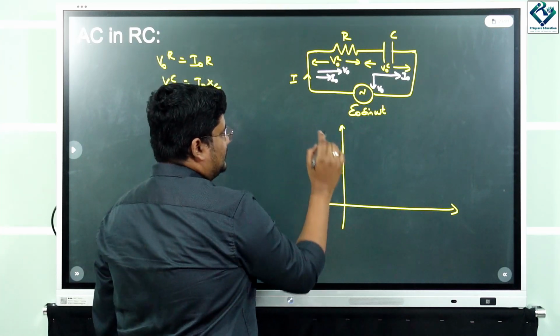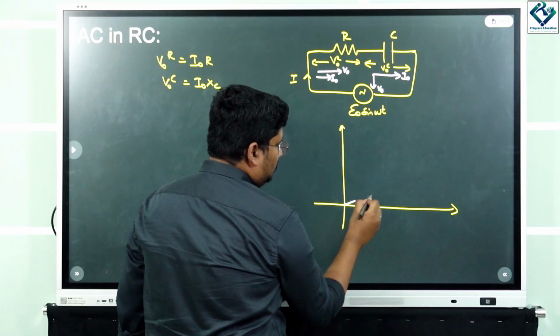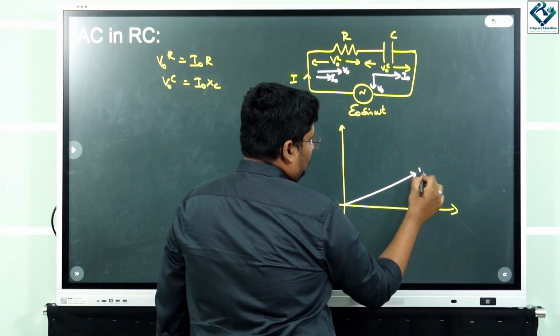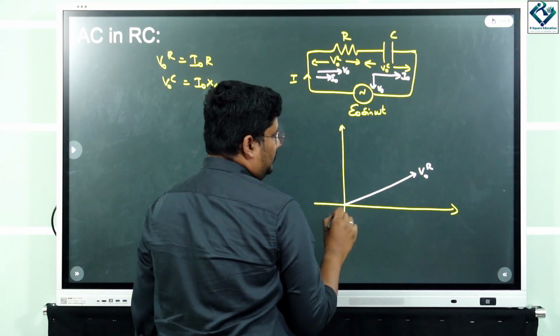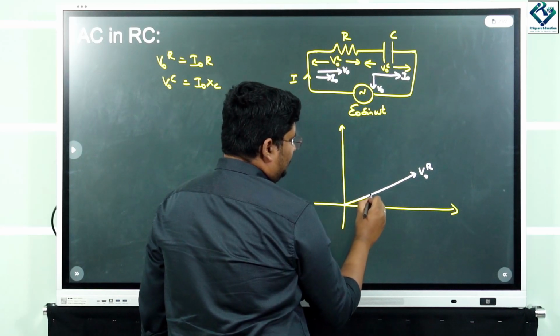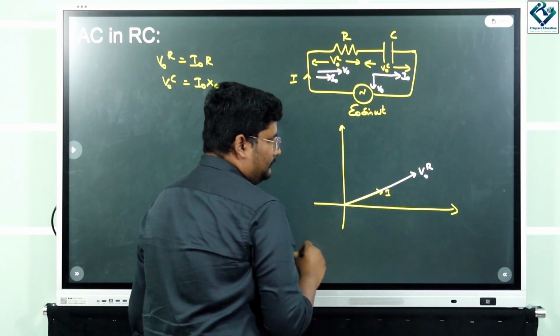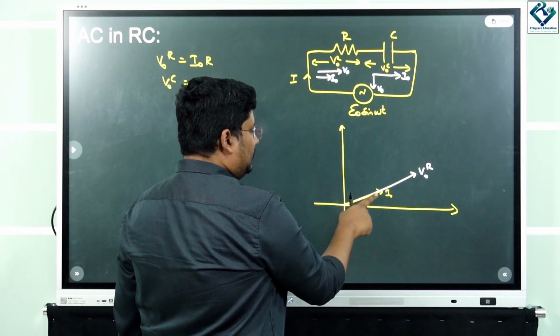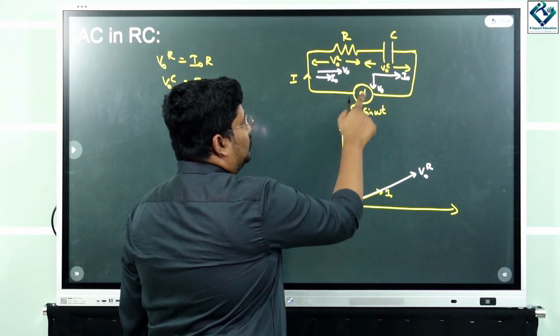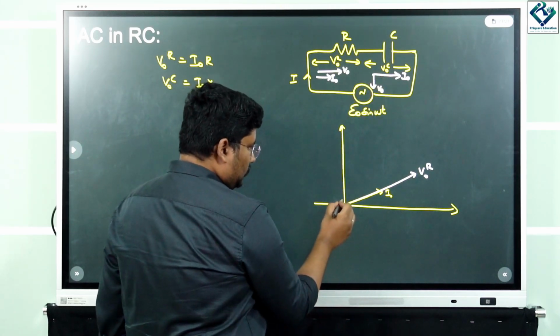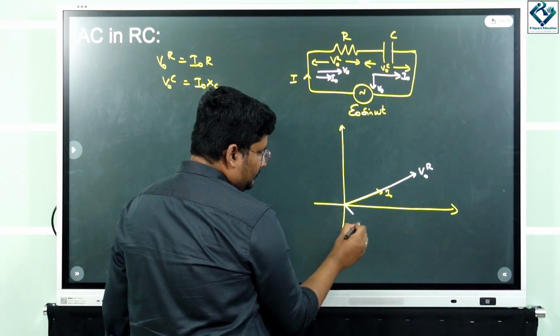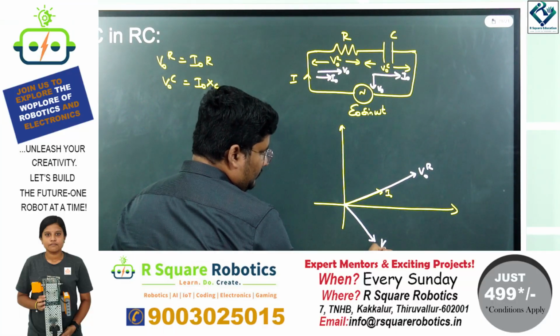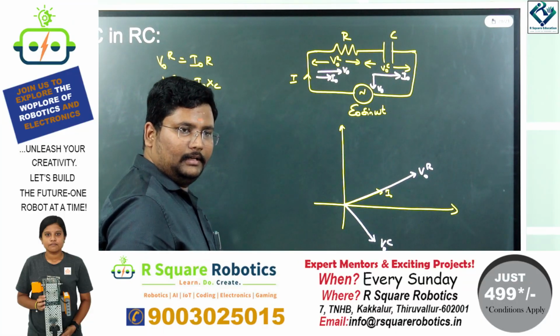Again, for the resistor combination, V naught R, right? And the current is going to be in phase with this, I naught, right? And now the current is going to lead the voltage by 90 degrees. So obviously this will be V naught C, correct?